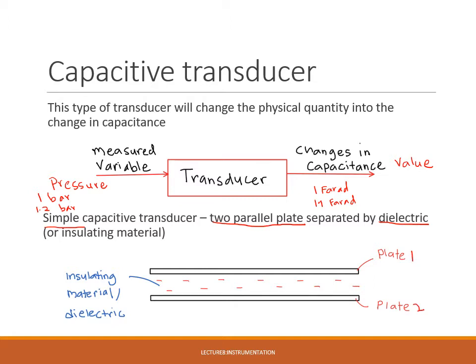Then in between the plates, we have insulating material, and this material can be air, can be water, can be a specific chemical, and so on. Can be liquid, can be anything. That is the basic design for a capacitive transducer.